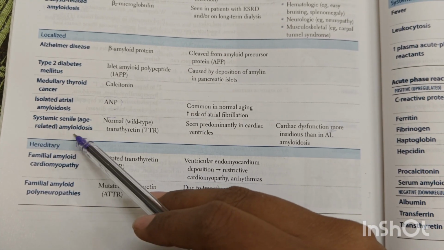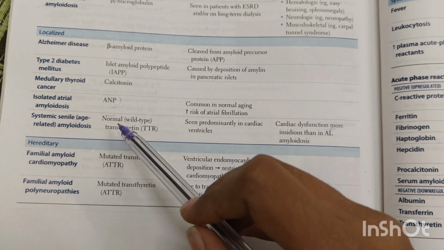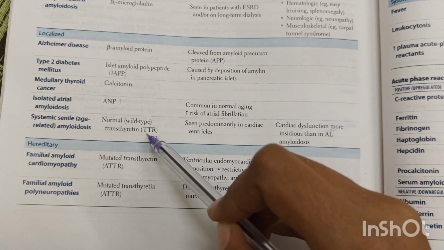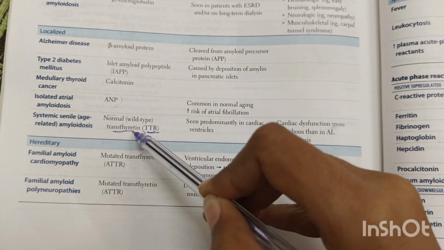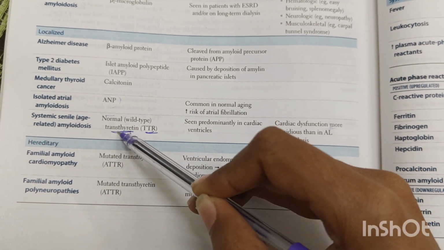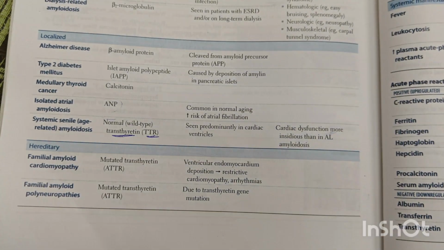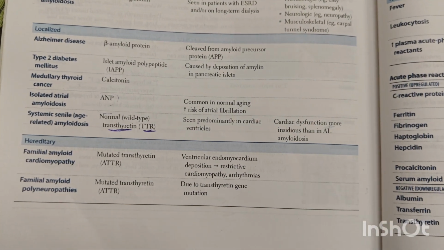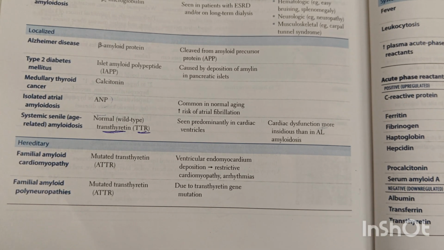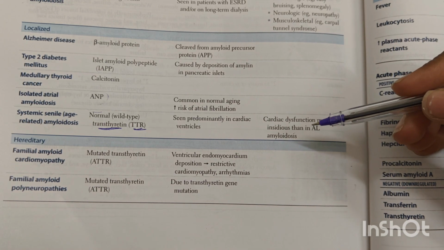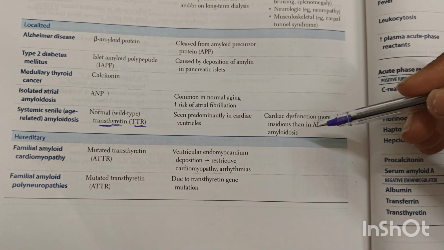Very old people have this kind, where there is wild type, which is normal. TTR is transthyretin. Very important that the transthyretin in senile is non-mutated. It is seen mainly in the ventricles, and there is cardiac dysfunction.